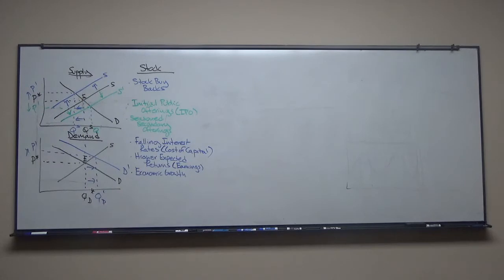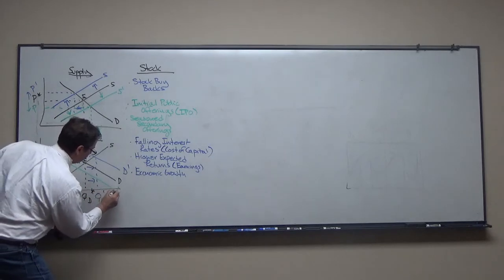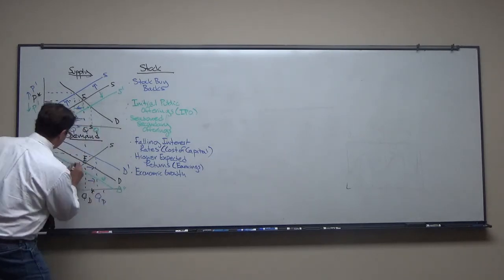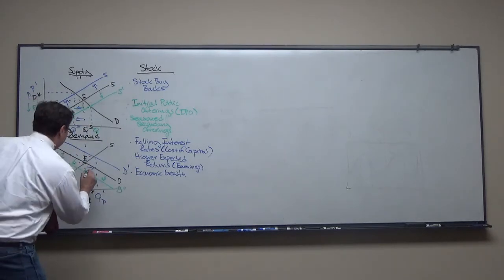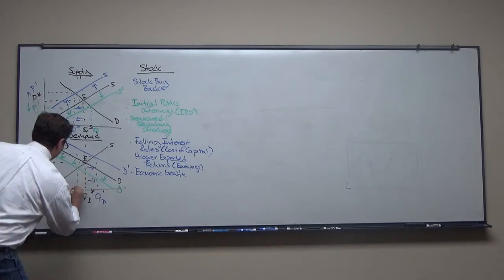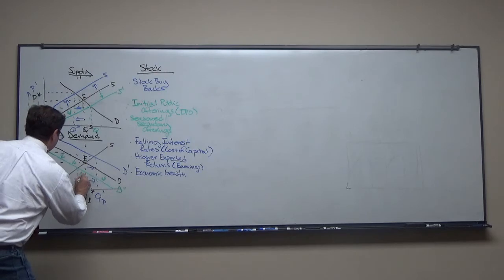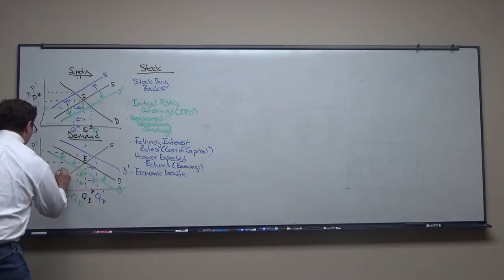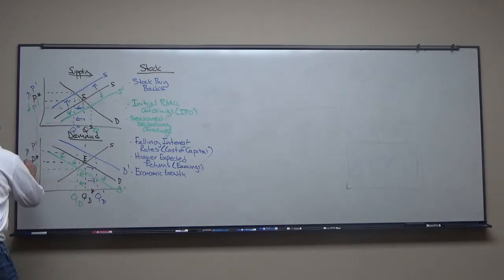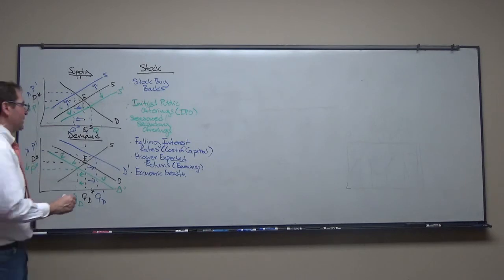Okay, and then what would cause the demand curve for stocks to shift down, quantity demanded shift down? And obviously the opposite of those. The prices, yeah, and I would just do the opposite.